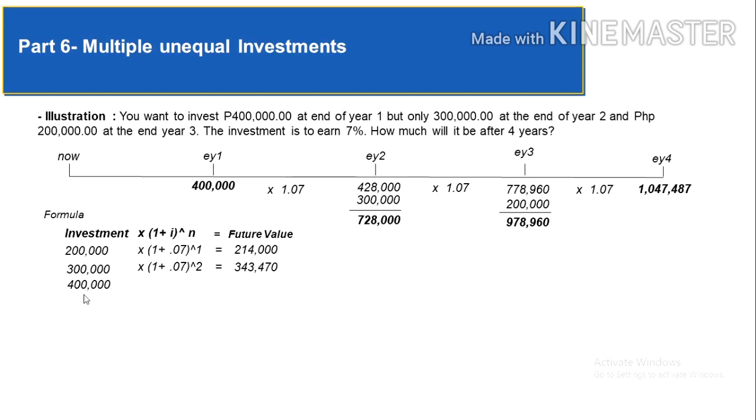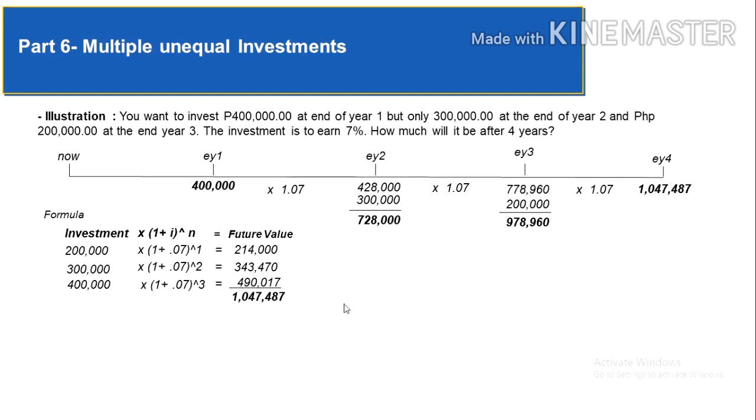And of course, the last is 400,000. And you are going to multiply it with 1 plus 0.07 raised to the power of positive 3 because it has 3 years of opportunity to grow. And then you'll have 490,017. If you're going to add these 3, you're going to get the same answer as what is on the time value. So that's it for all the parts.